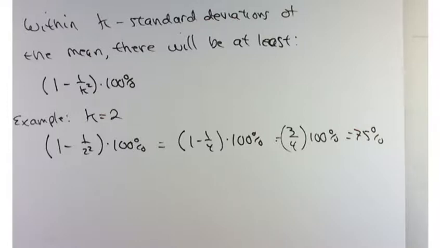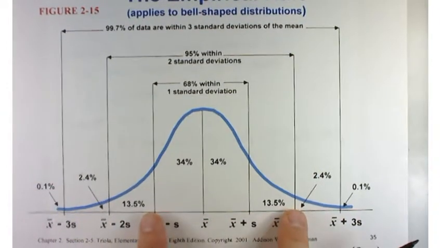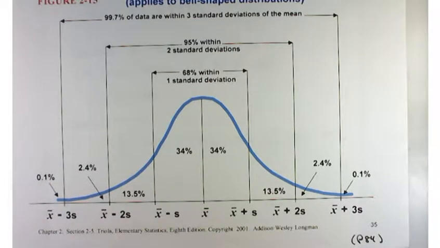Oftentimes, you can make an even stronger statement. It depends on whether or not you have a bell-shaped distribution. If you have a bell-shaped distribution, then things improve. Within 2 standard deviations of the mean, you'll find 95% of your data.